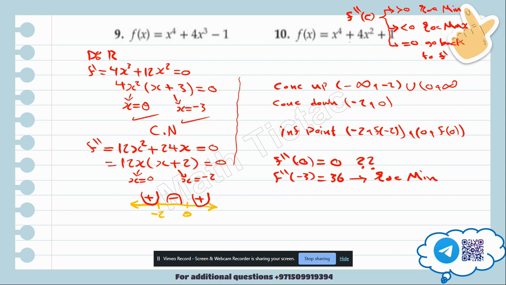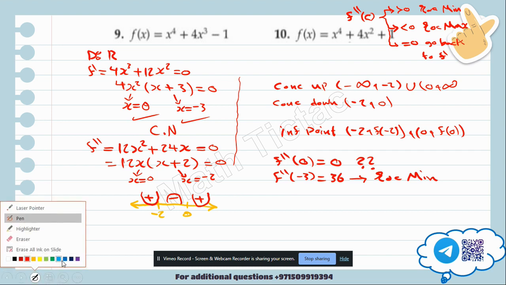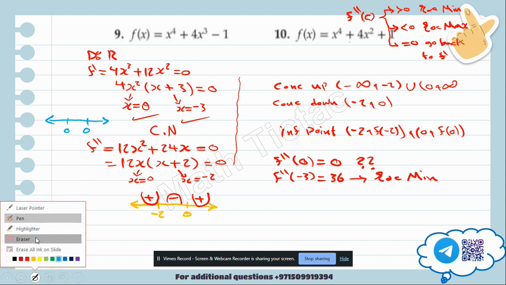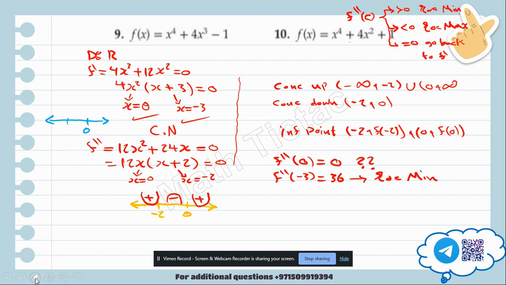But what about the 0? To know if you have a local maximum or local minimum at 0, you have to go back to the first derivative test and draw the number line over here, and put your numbers. I have 0, and the minus 3 before the 0.